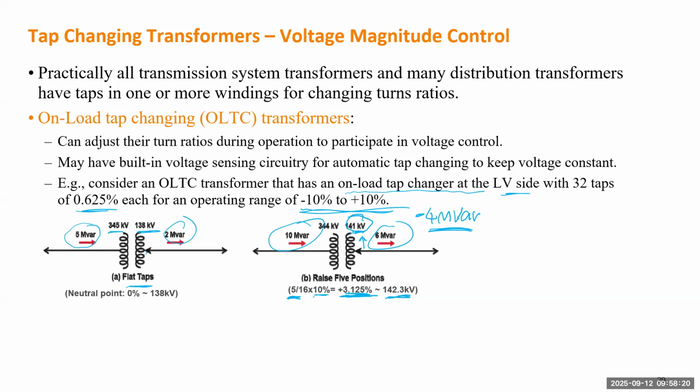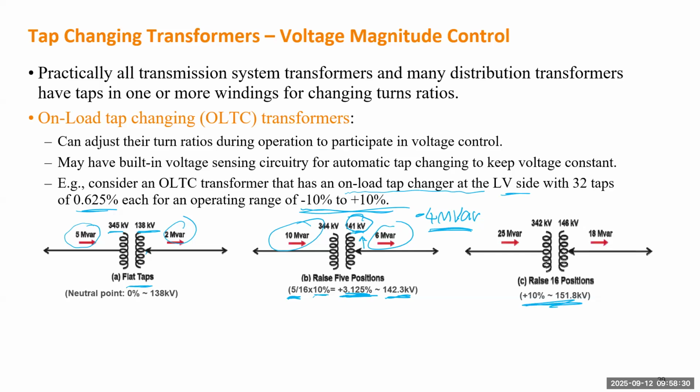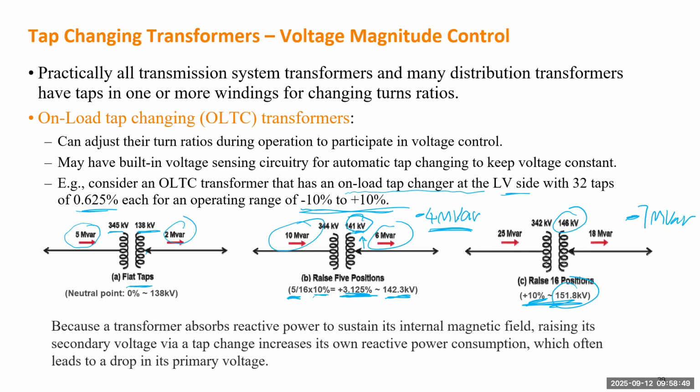But that definitely still gives you the voltage increase, though slightly lower than the expectation. If you further move up by 16 taps, so you want to have a 10% voltage increase, which is higher than 150 kV, at the end you only get 146 kV because the difference now becomes 7 megavar. So that's what happens in practice for a transformer.